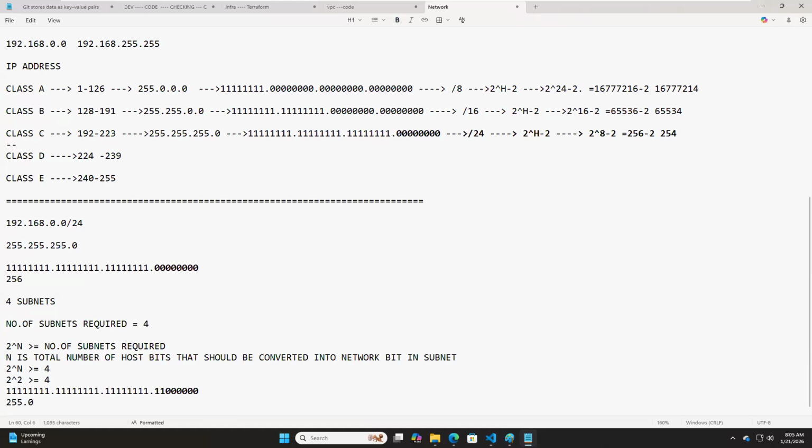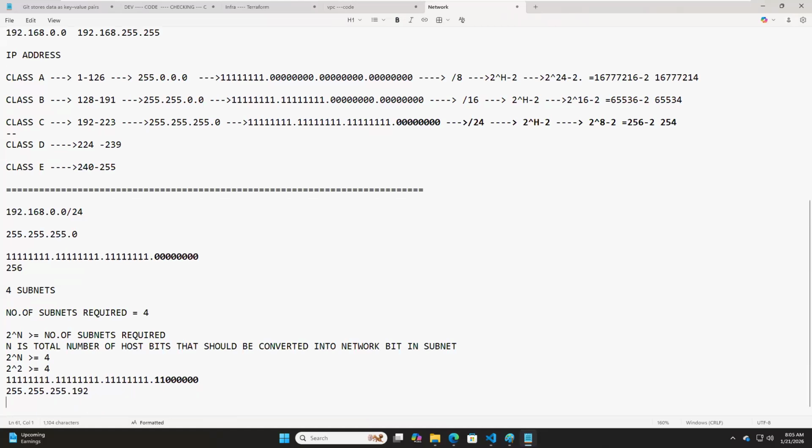The total number of host bits available here is 8, so from the 8 host bits, we convert 2 host bits into network bits. The new subnet mask will be 255.255.255.192. And the slash value will become /26, because the total number of network bits in the subnet mask is 26.